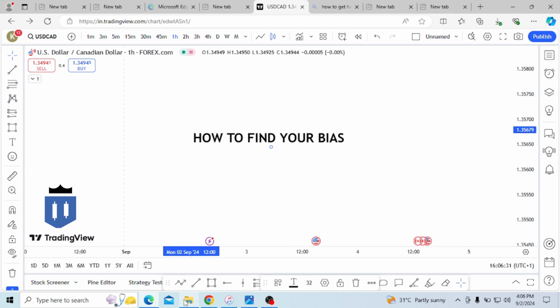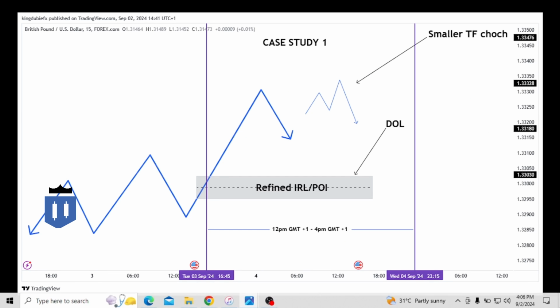Now we're talking about case study 1 of a bullish market and how to find the draw on liquidity. Case study 1 is a particular pattern that the market will show you.